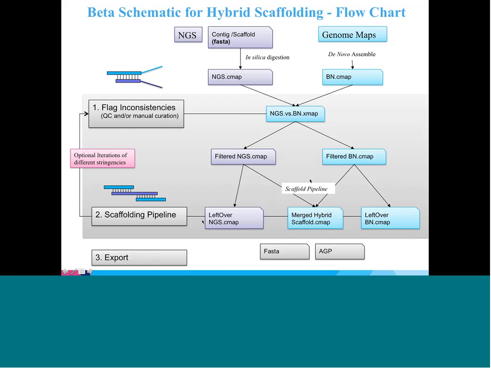The resulting output after several iterations on this is, before I go into that, at each iteration step, there's one last position where we mark contigs as being inconsistent or consistent and eliminate them from further scaffolding. So in our particular case, the manual curation here was actually a fairly simple step.